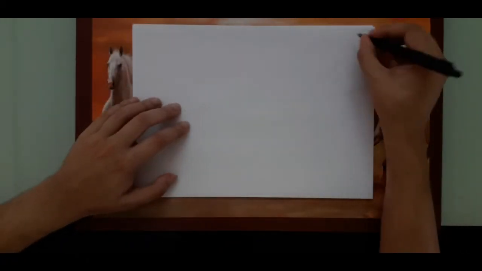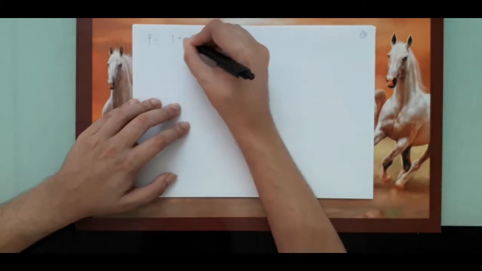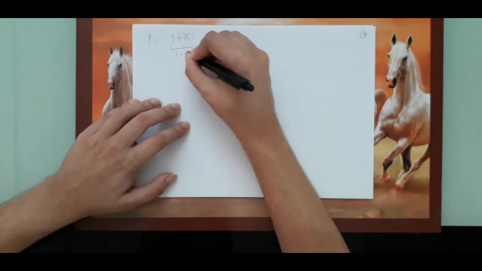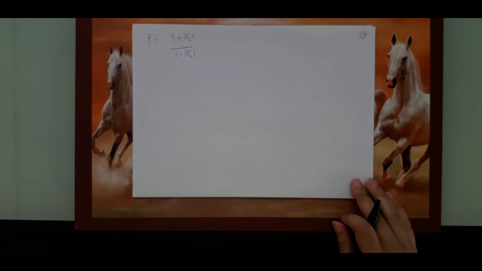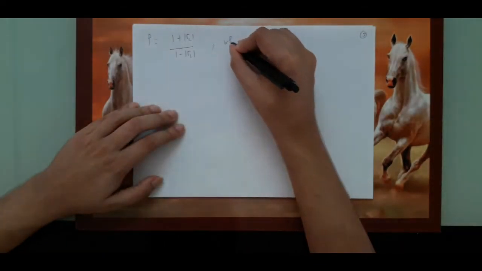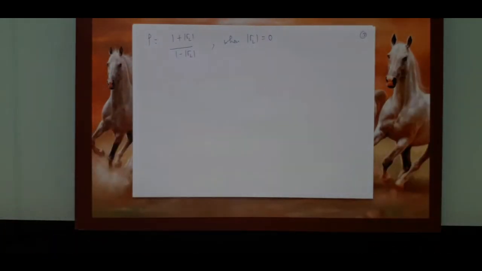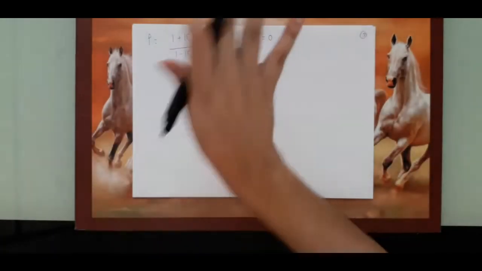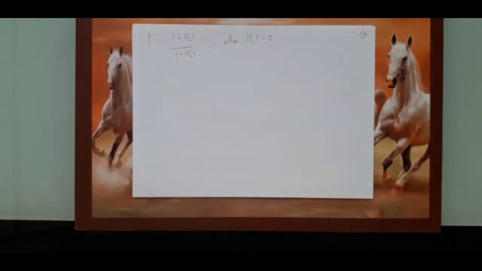Now, we had defined rho as... now when mod gamma L is 0, what does that mean? This means that it is a matched load because there is no reflection.